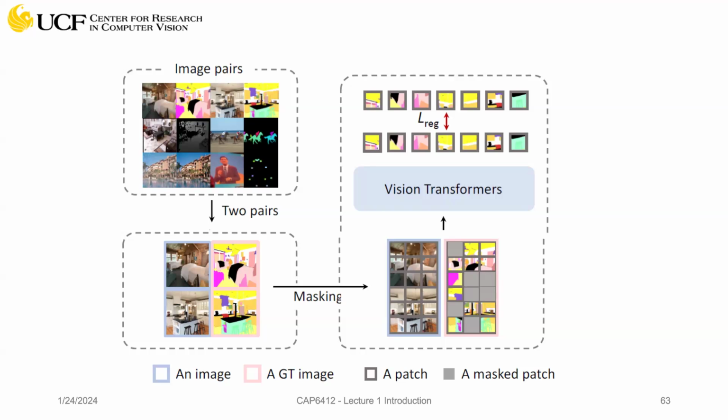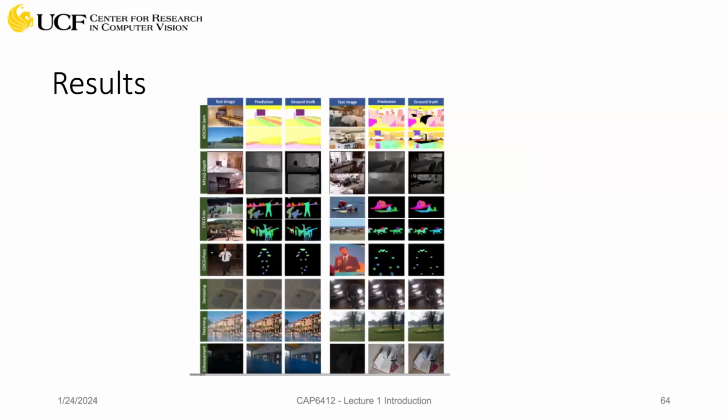So that's it. The main thing is how you come up with this kind of formulation, right? This is the first time using the knowledge you have, using the transformer and other things, to solve an interesting problem. They have lots of very good results on different datasets. As you see here, this is the test image, the prediction, and the ground truth.